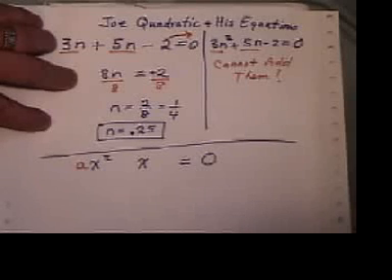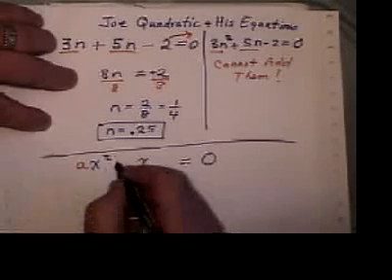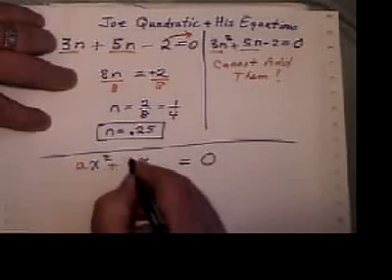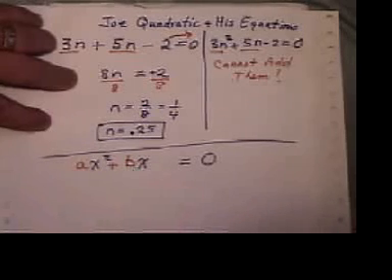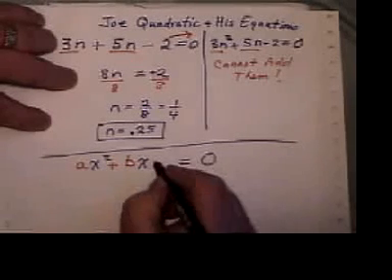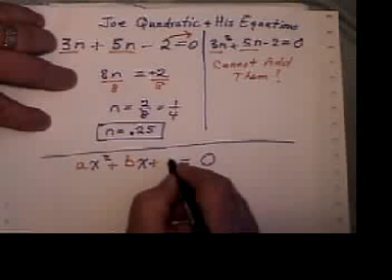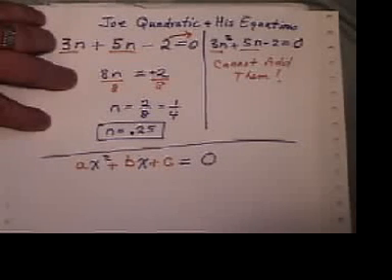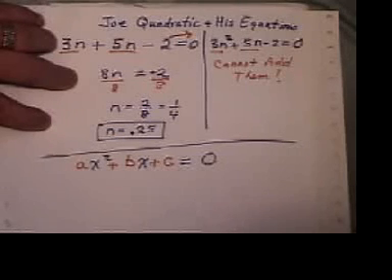The number may be 1, so we might not write it down. We have some other number that is added or subtracted here. And then quite often, we'll have some number that is added or subtracted there, which does not have the letter x with it. That is your general quadratic equation.